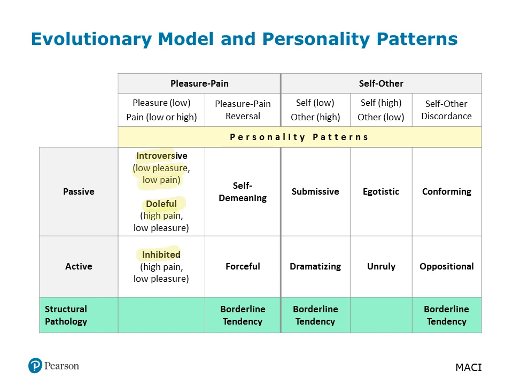The doleful focuses more on pain, less on pleasure. Inhibited, more on pain than on pleasure. So the commonalities among the introversive, doleful, and inhibited personality patterns is the inability to experience pleasure. Neither of those three personality types experiences pleasure, but for different reasons.